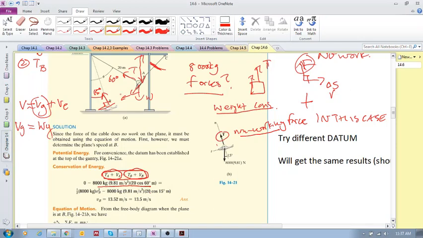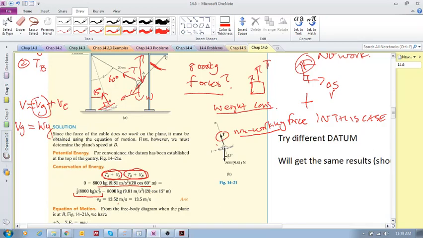What's happening at state B? Just before it crashes, now we have a velocity component, or the kinetic energy at state B, half m vB squared. And then this particle has moved even lower relative to the datum.